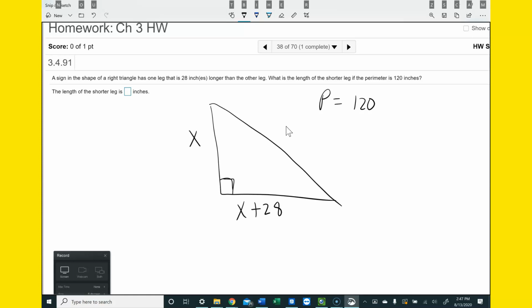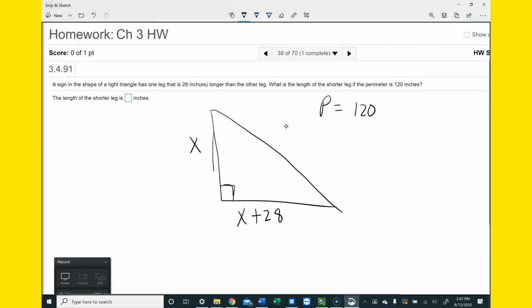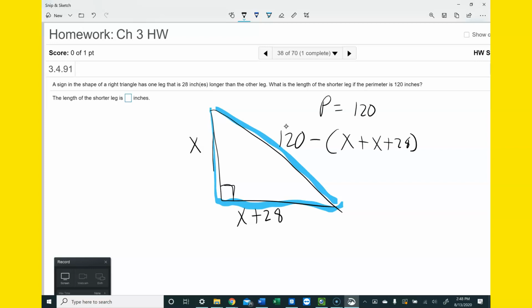All right. I think what I would do from here is I then say the perimeter is the distance all the way around this thing, right? So the perimeter is this, this, and then this, all added together. So that means that this unknown side here, this hypotenuse, would have to be 120 minus the other two. So minus x plus x plus 28.